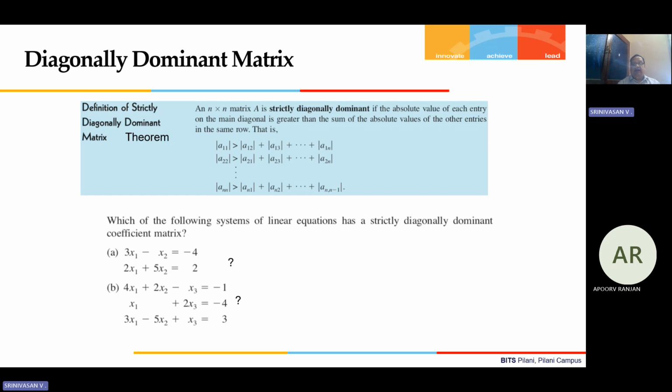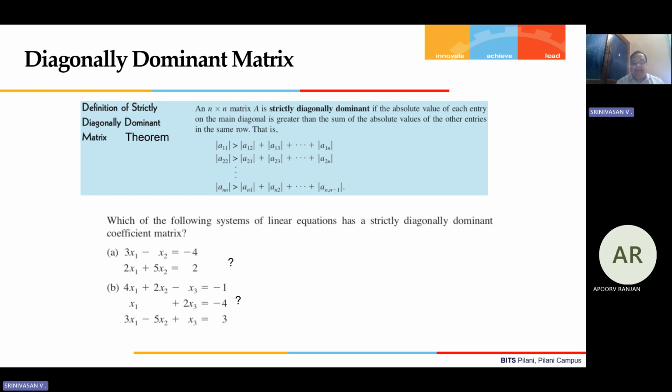Isn't it? And remember, of the 3 rows, even if there is one row in which the principal diagonal element is not greater than the sum of the absolute values of the other two elements, it is not strictly diagonally dominant.